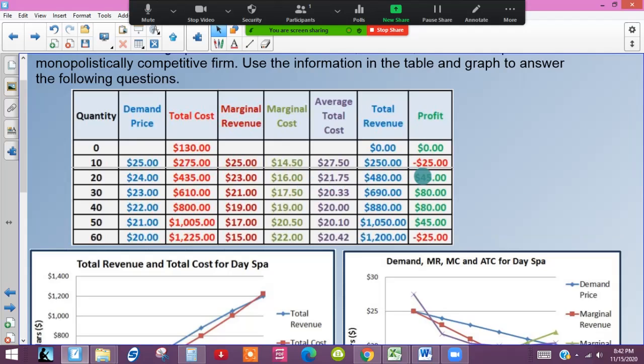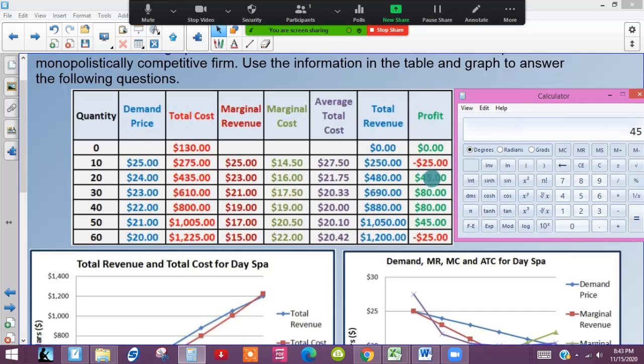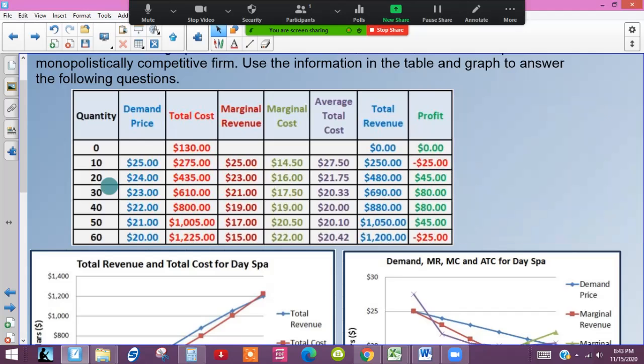And then lastly, we figured out our total revenue. So in order to get profit, we simply subtract total cost from total revenue. That's 480 minus 435, which equals 45, and that's our profit right here at an output of 20 units.